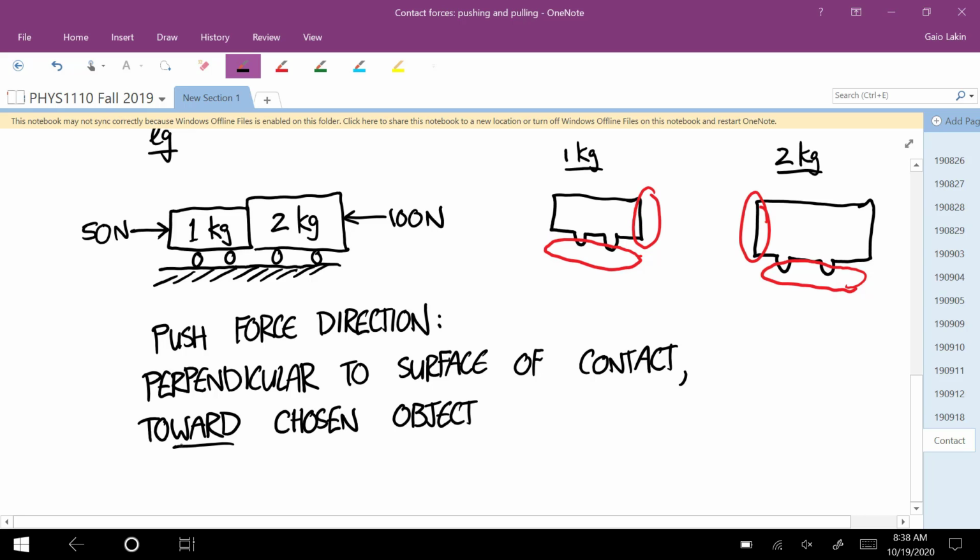So every time you see two objects pushing on each other, once you've chosen your object to isolate, this is the rule for that force direction. It always follows these rules.